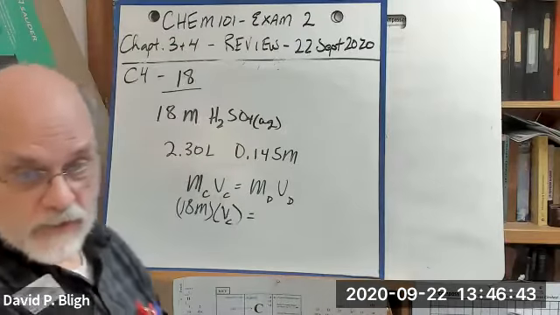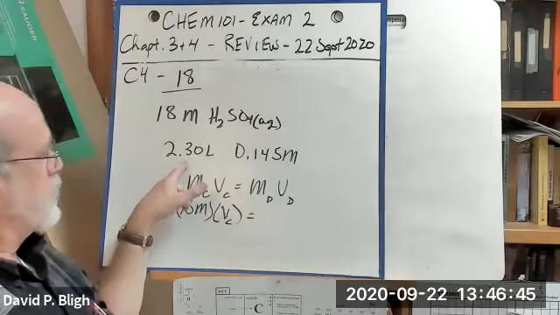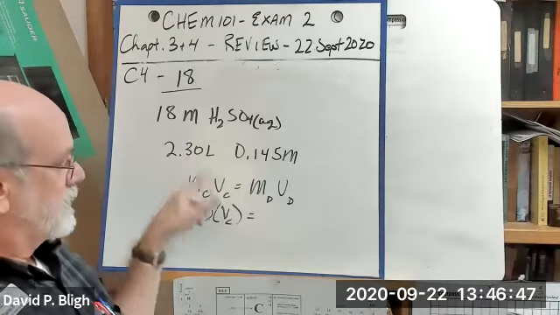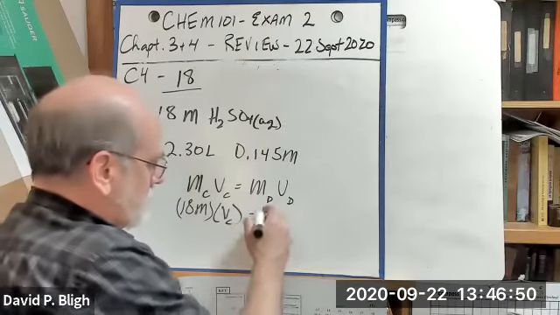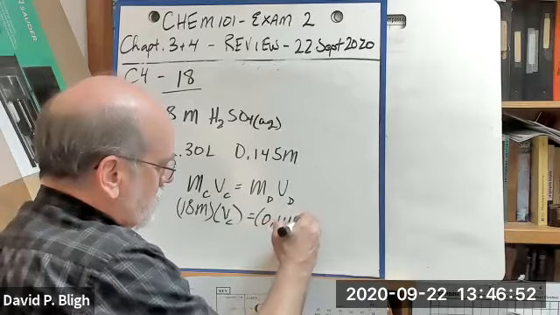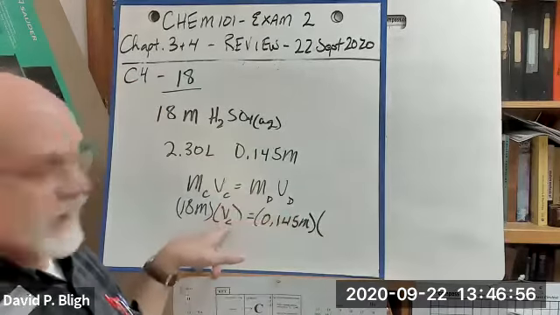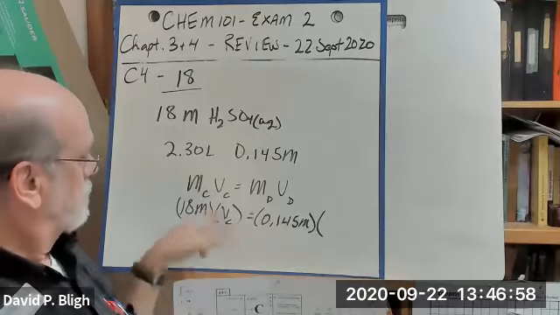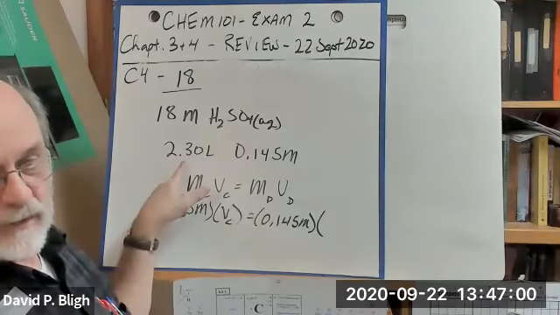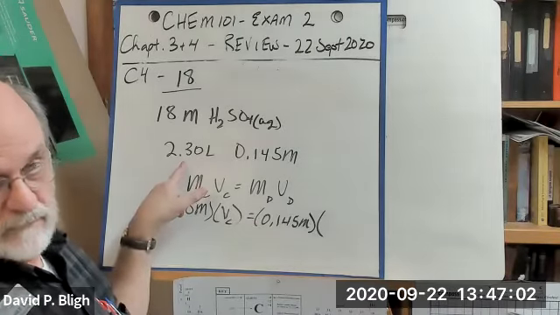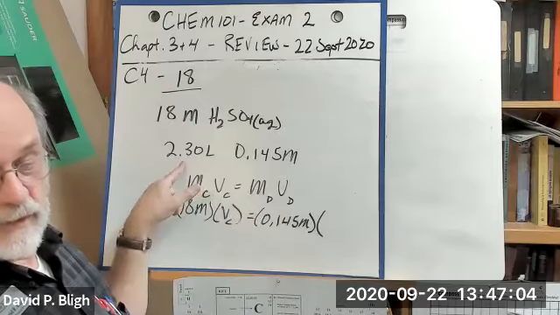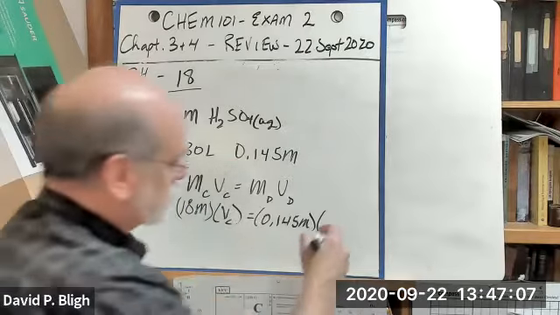So let's save ourselves a step. Instead of putting 2.30 liters in this volume, let's make it milliliters, so our answer will come out in milliliters. So how many milliliters is 2.3 liters? 2,300. Move the decimal place 3 to the right.